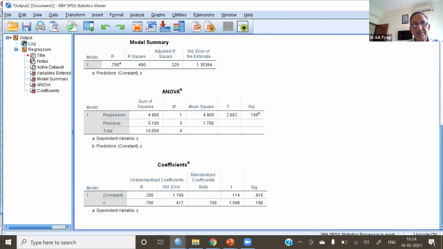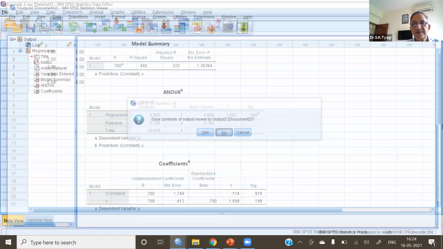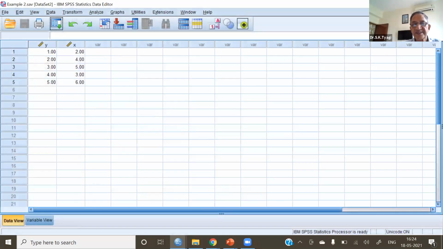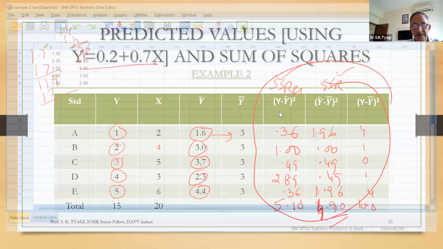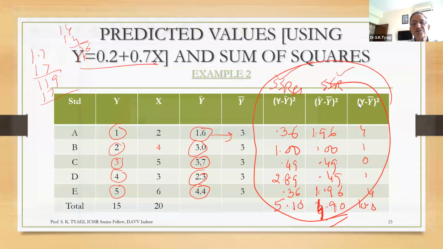Now we have taken up two examples. One using the deviations for calculating SS residual and SS regression. Secondly, we took another example in which we used the correction term and raw score squares and cross products to find out the regression sum of square and residual sum of square.